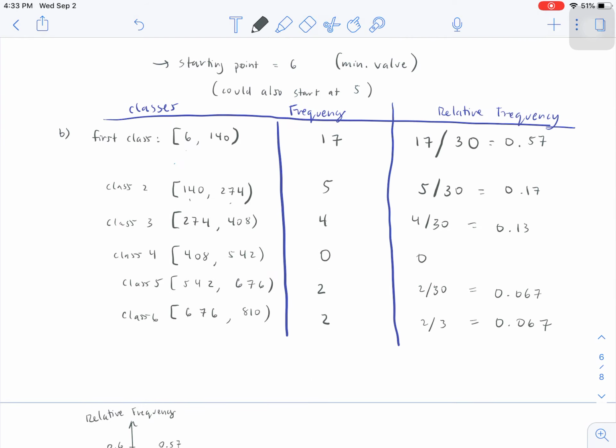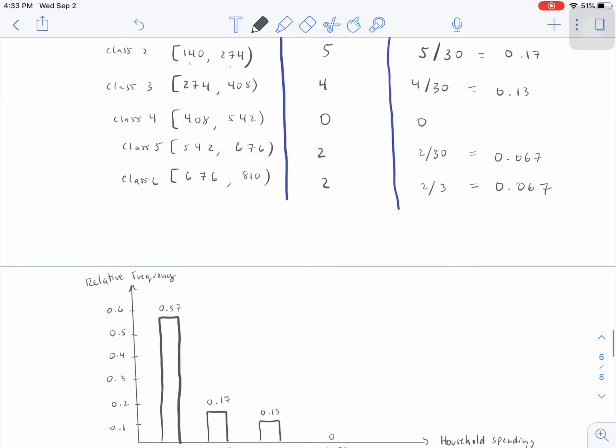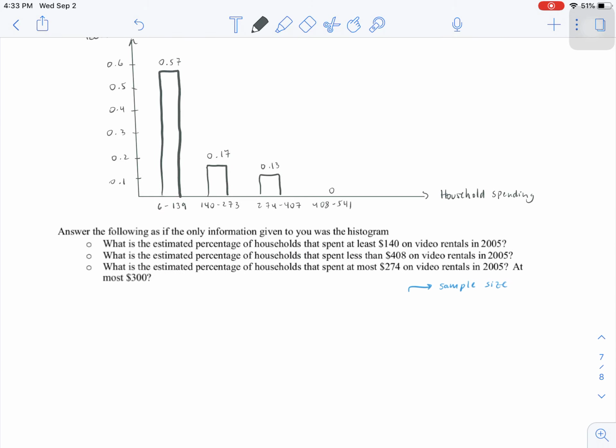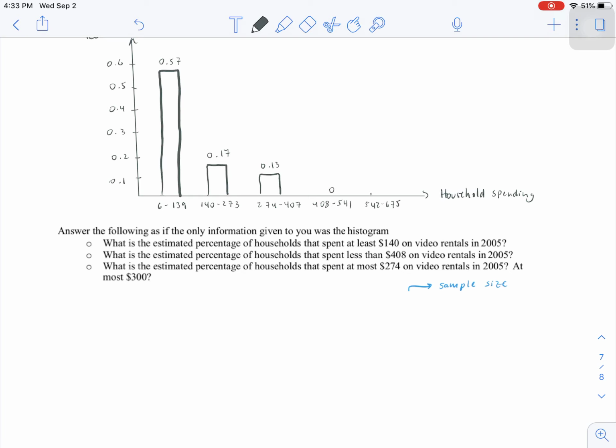My next class, 408 to 541 inclusive, was 0. And then 542 to 675 inclusive was 0.067.